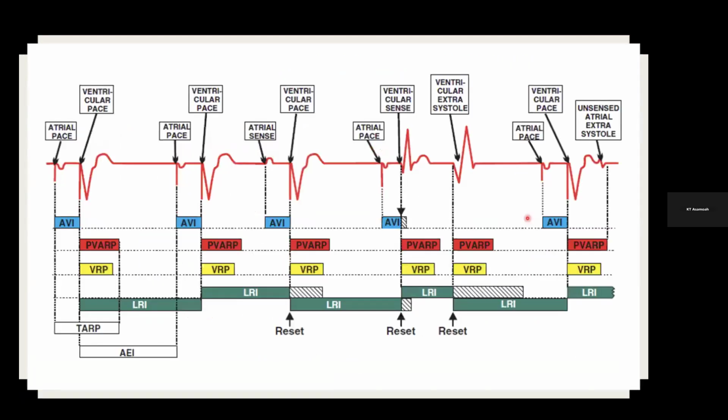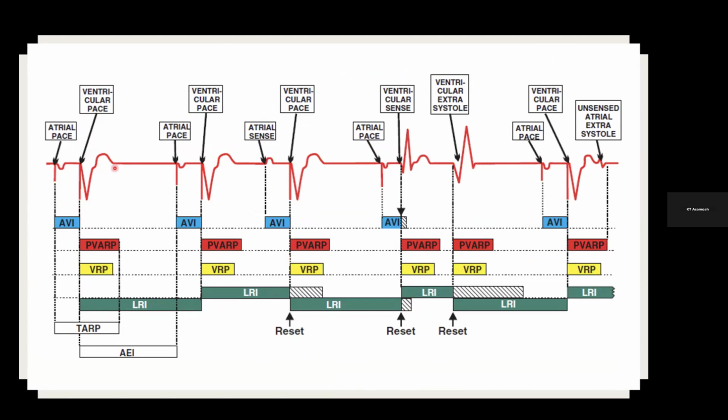So again, to this diagram: atrial pace, AVI, ventricular pace, the lower rate interval starts. PVARP is going to prevent retrograde conduction, or rather, it's going to prevent atrial activity in response to the retrograde conduction.